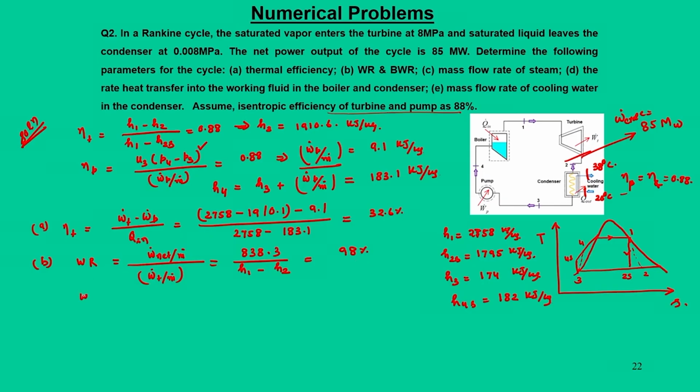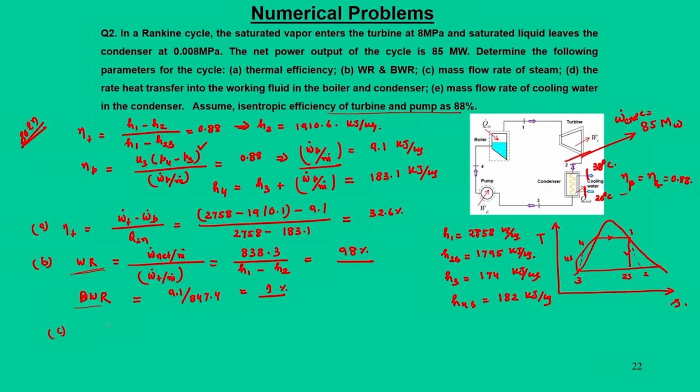And the back work ratio would be 9.1 divided by 847.4, which is about 1%. So, even if you introduce the component efficiency, it does not have a significant implication on the work ratio or back work ratio.